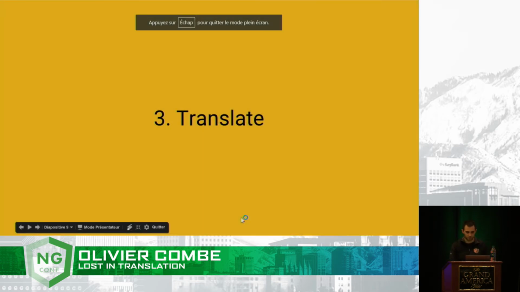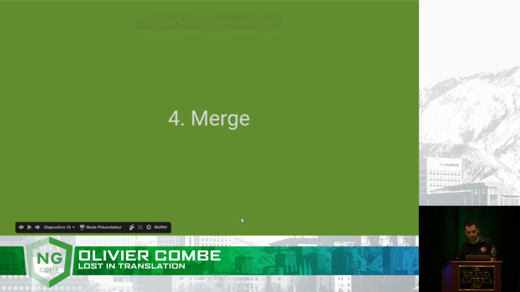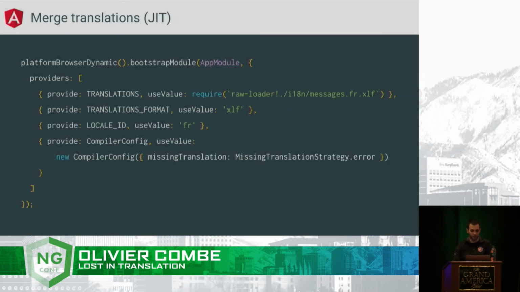So this was the translation part. Let's see how we can merge it into our code. For just-in-time, you have to add some providers at the bootstrap of your application. There are three main providers that you can use, and a fourth one that is optional.